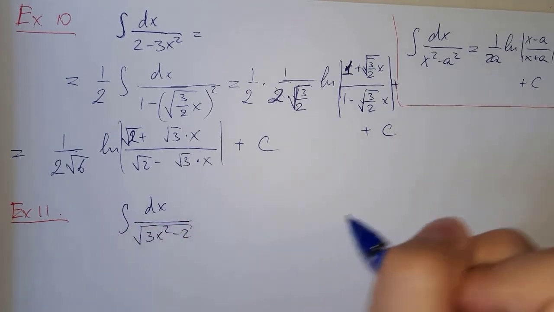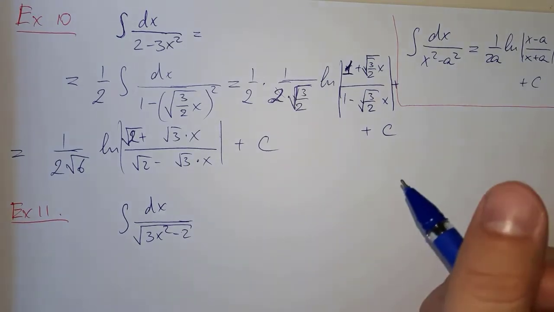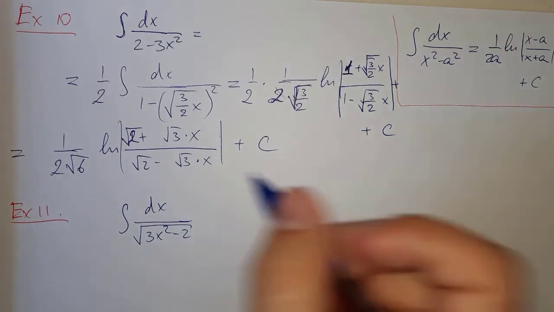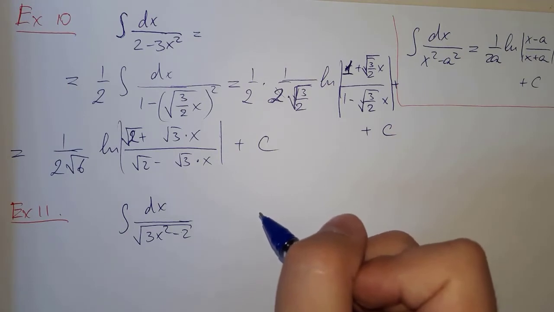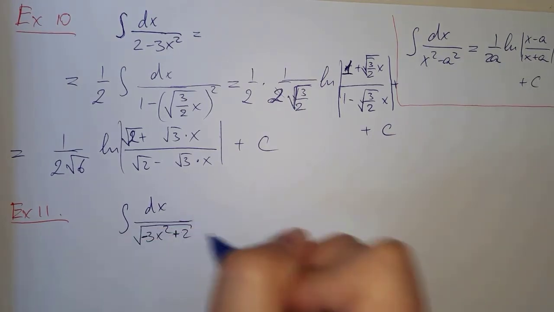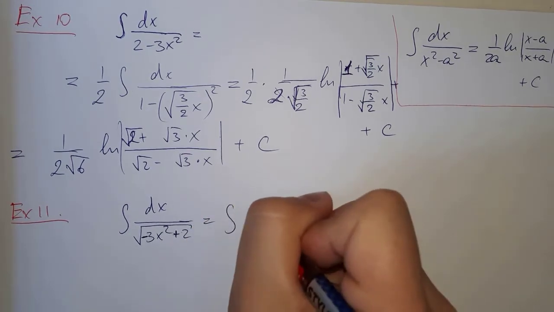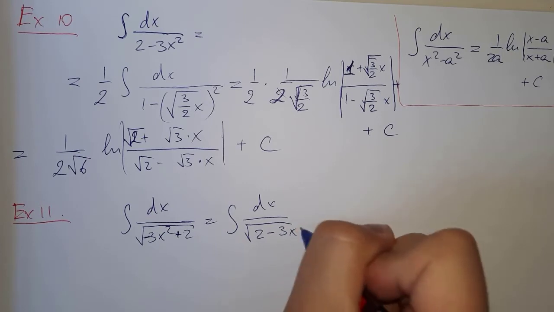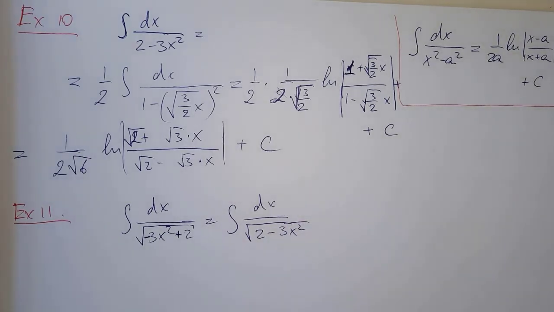Let's calculate it. No, here not 3x squared minus 2 but 2 minus 3x squared, dx over 2 minus 3x squared.